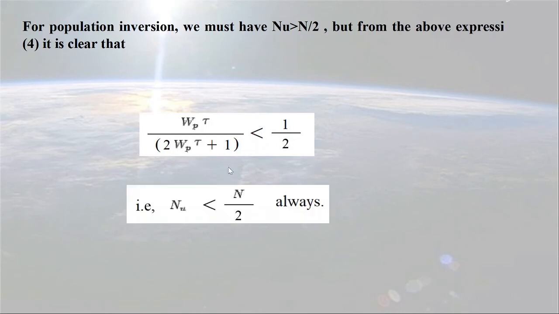That is, Nu is always less than N by 2. That is, number of atoms in the upper level will always be less than the number of atoms in the ground level.